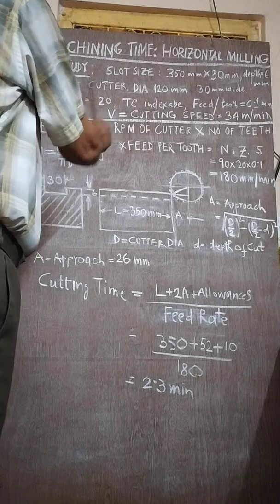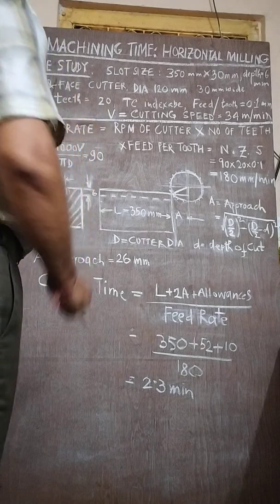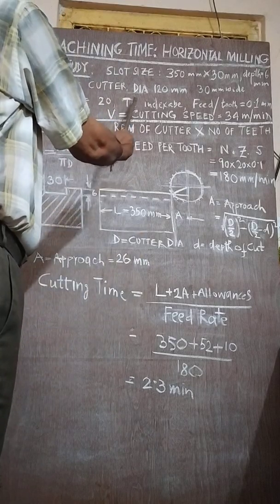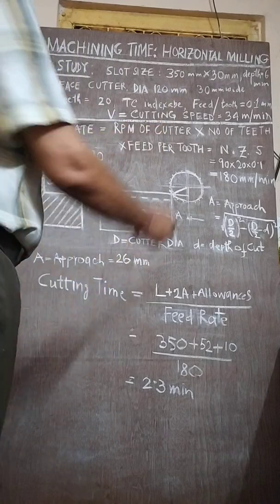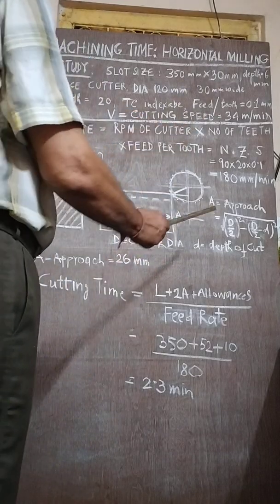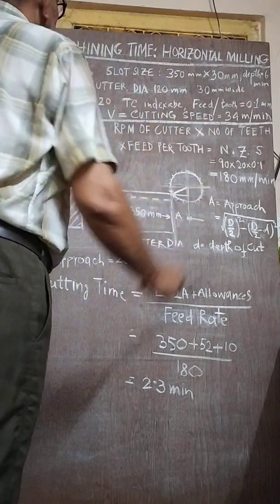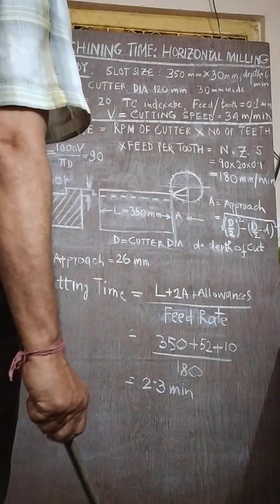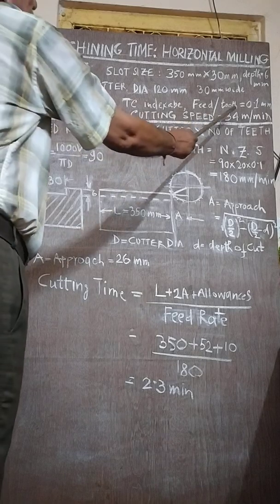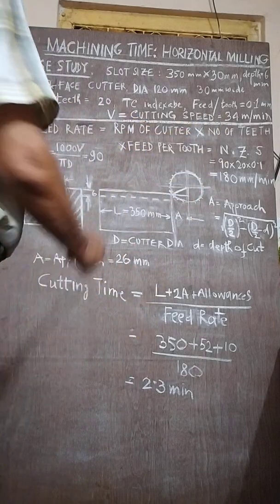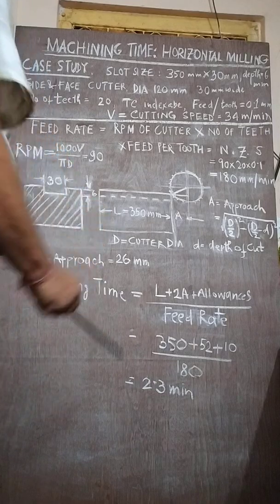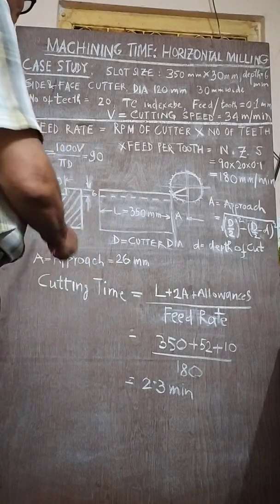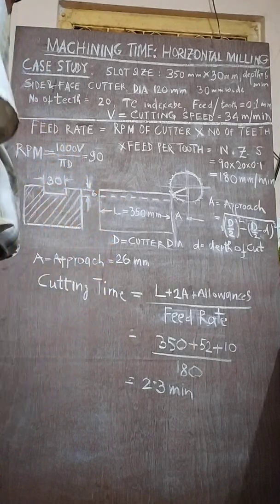The number of teeth in the cutter is 20, and this is TC, tungsten carbide indexable insert, and the feed per tooth which is given is 0.1 millimeter. The peripheral cutting speed is 34 meter per minute. With this available data, we are trying to estimate the time required for cutting the groove.